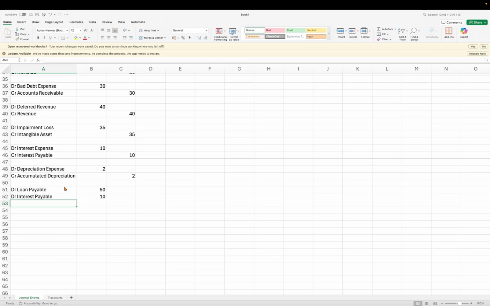Loan payable decreases because part of the debt is repaid, right? And the interest payable also decreases because the previously accrued interest is now settled. So the company pays a total of 60 loot in cash.